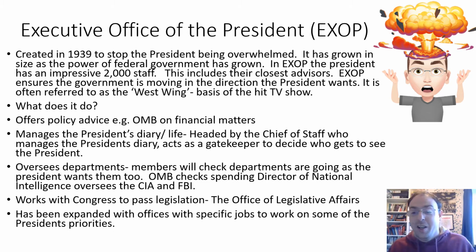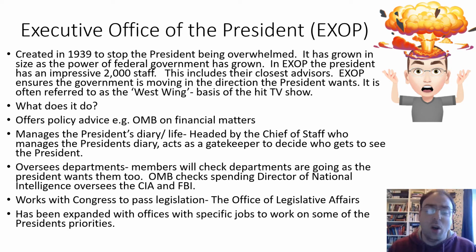So within the West Wing, within EXOP, the president has got these people working closely with them, who can say, right, this is what's happening there, this is what's happening there. The cabinet member will come and tell you this, but actually this is what's going on. And this can lead to some tensions and some problems, but it gives the president that oversight of what is happening.